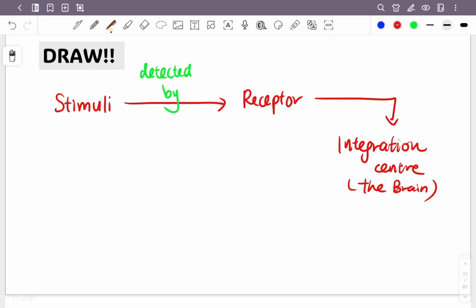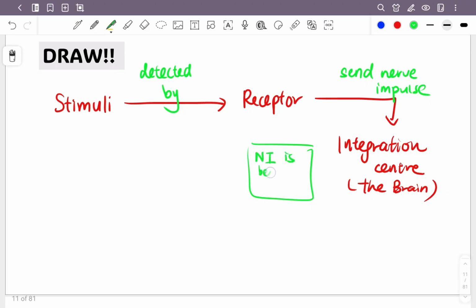So you remember, the CPU of our body. So it's going to send nerve impulse. What happened here? The nerve impulse, I use short form for that, is being processed or translated.